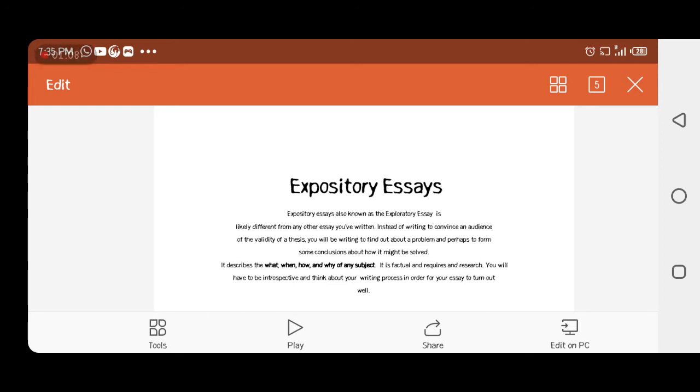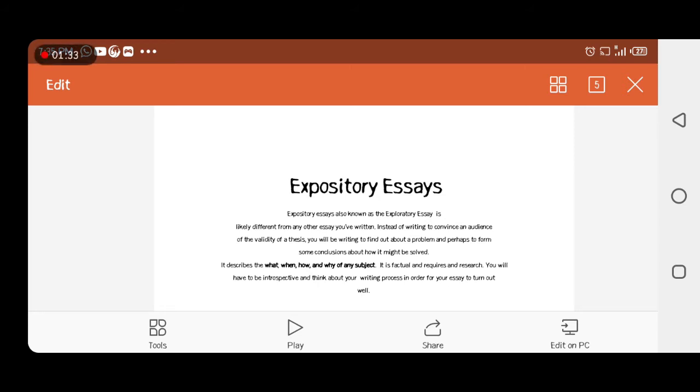It is not the same as other essays you have written, because in this you are not trying to convince an audience, but you are trying to make a research. And by the time you get to the university, when you're required to write your project, most of you would have to rely on your expository skills to make sure that your projects are well written or well organized.